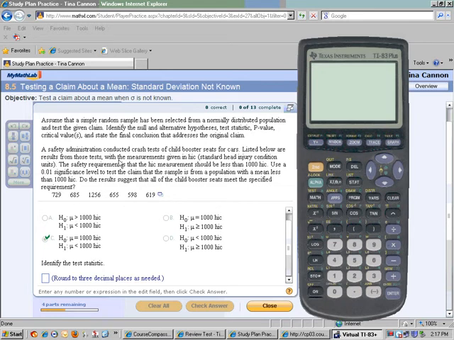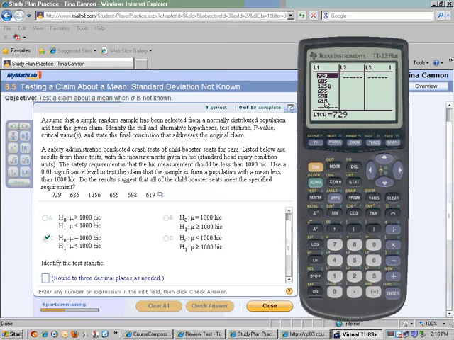Also, notice it gives us a sample standard deviation in this problem, or they'll give us a sample, so we could take these numbers from the other sections and calculate the mean of the sample and the standard deviation of the sample. The way we did this, we went to stat, pushed enter, and typed in the values.